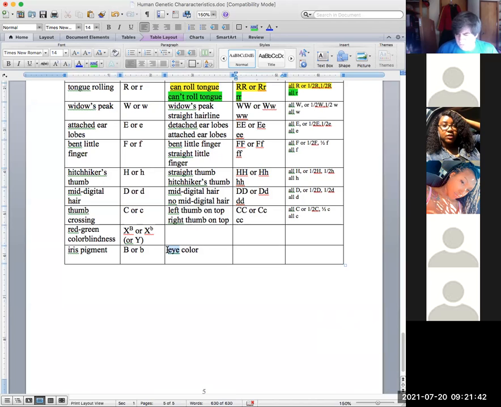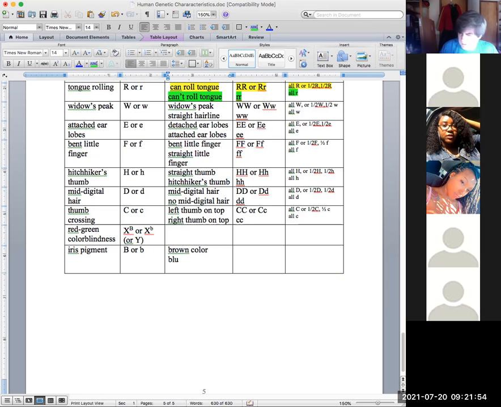Now, eyes basically fall into two categories. There are brown eyes and there are blue eyes. Blue eyes include different shades of blue.